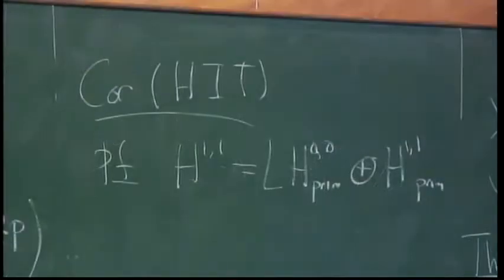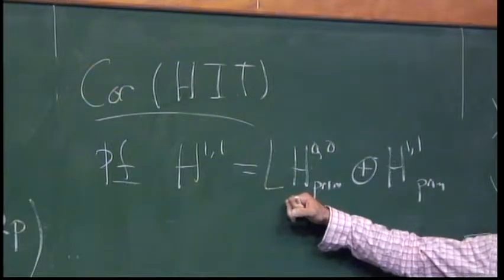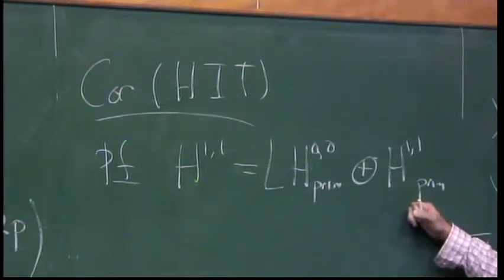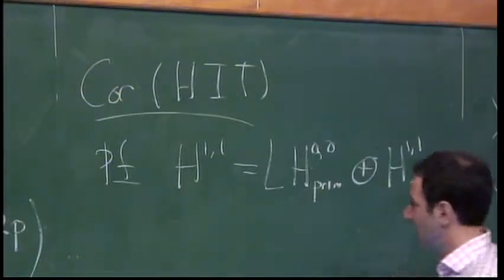By looking at the definition of primitive cohomology, we see that this is an orthogonal pairing with respect to Q. And Q is positive definite on this bit and negative definite on this bit. So therefore, we get the Hodge index theorem.